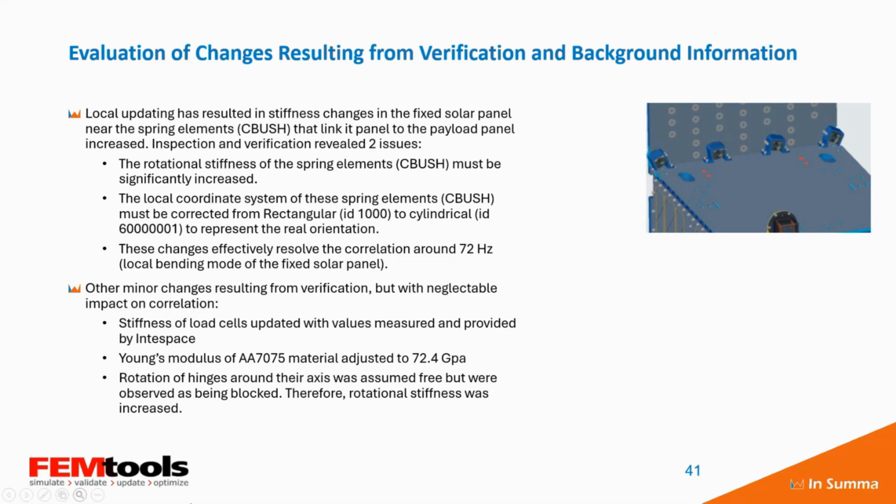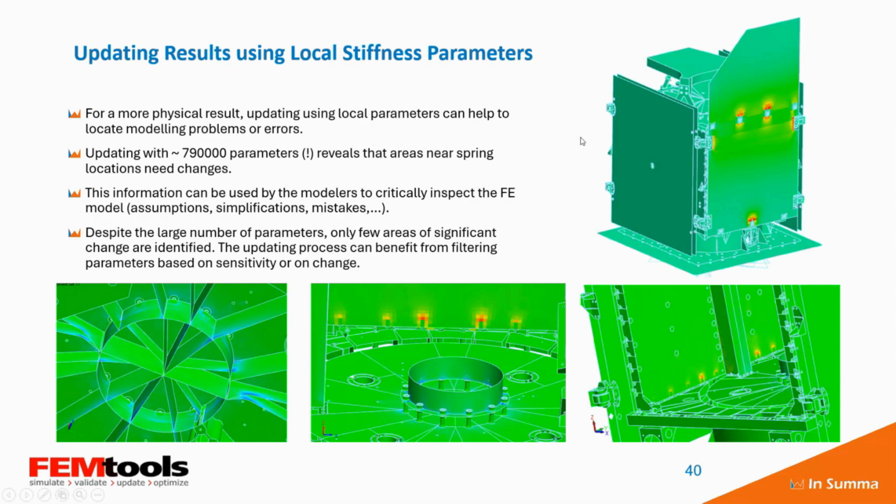We evaluated those changes, but they have only minor, negligible influence on the correlation. So it means we already identified the necessary change. It was caused by a mistake, and the updating has pointed to it.